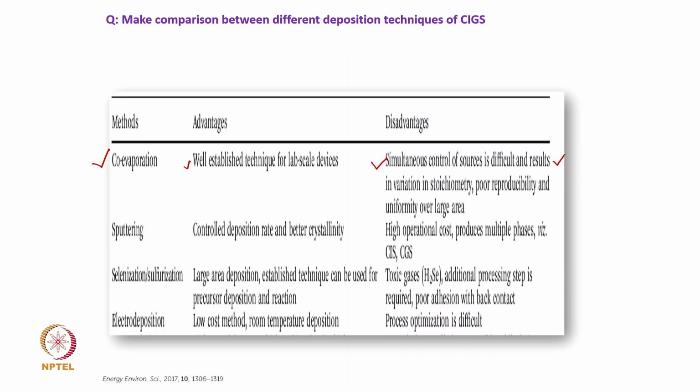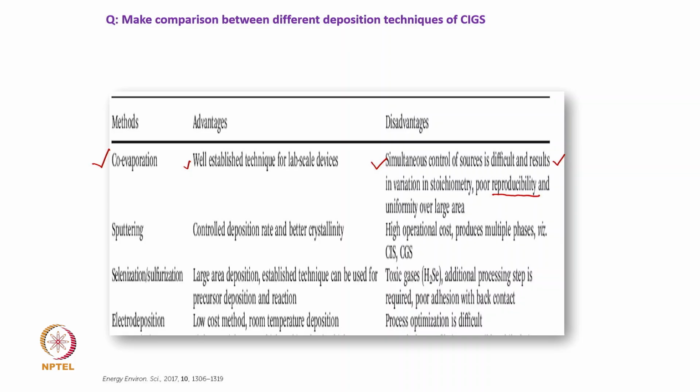I told you the stoichiometry is extremely important in case of CIGS, and maintaining the stoichiometry during simultaneous evaporation is a difficult task, and you may not have good reproducibility over a large area.